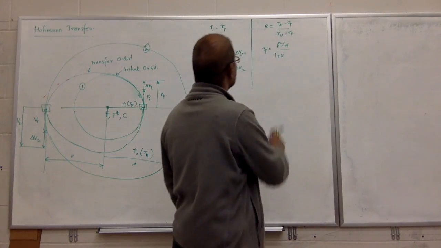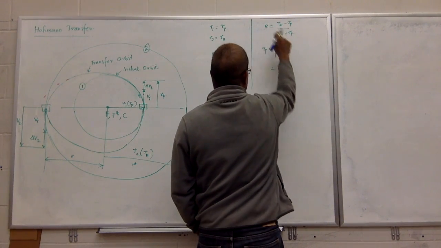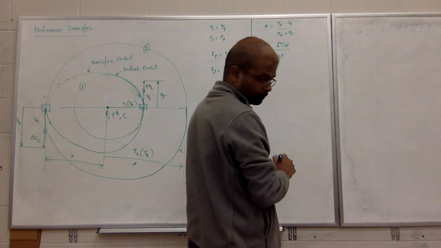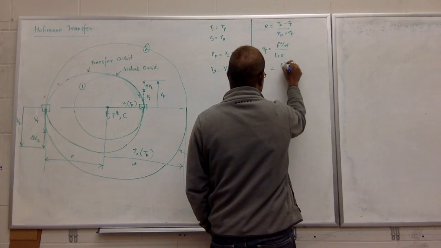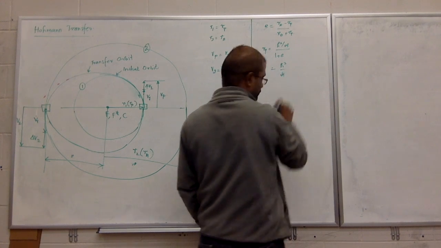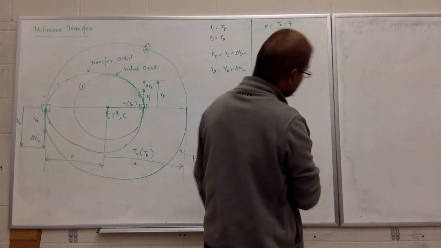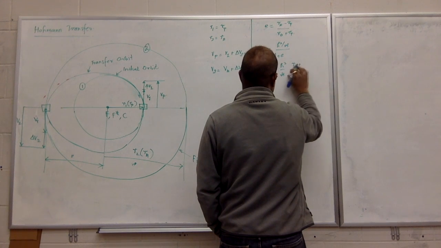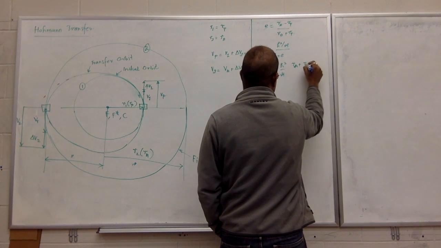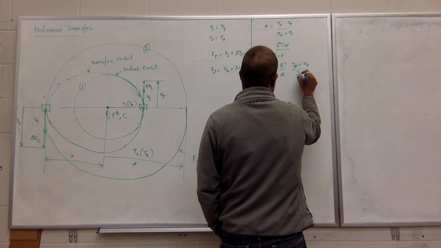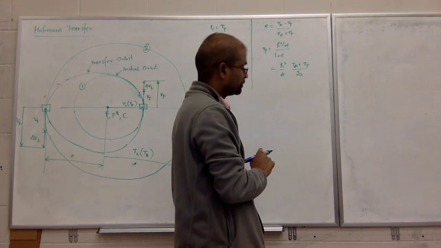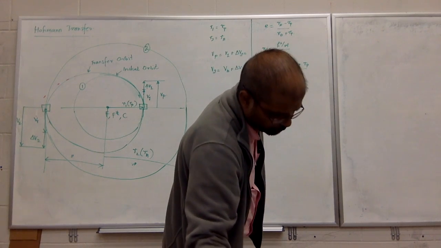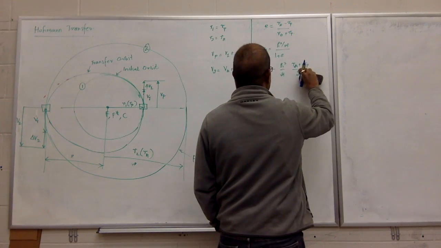So if I substitute e here, I'm going to get h squared over mu times RA plus RP divided by 2 RA.